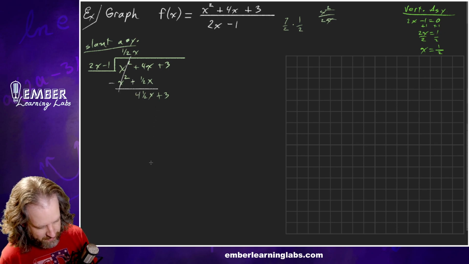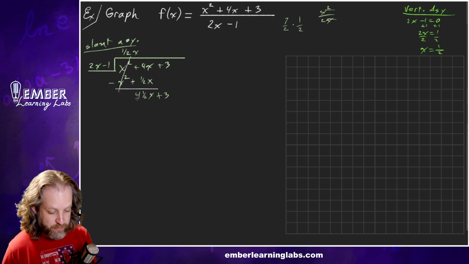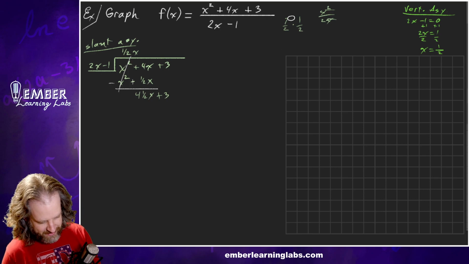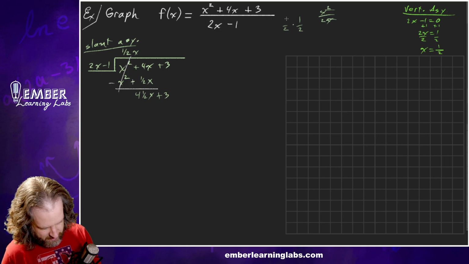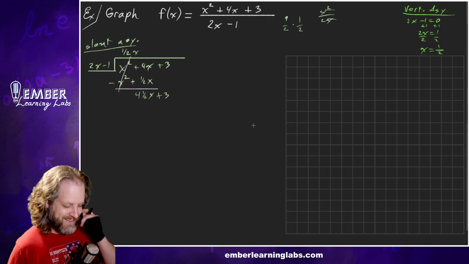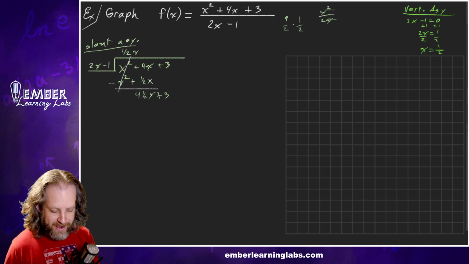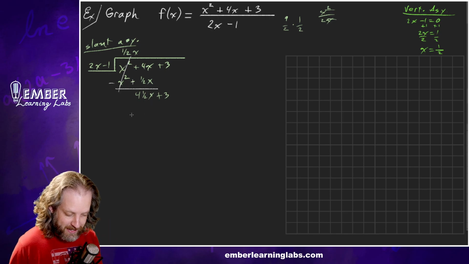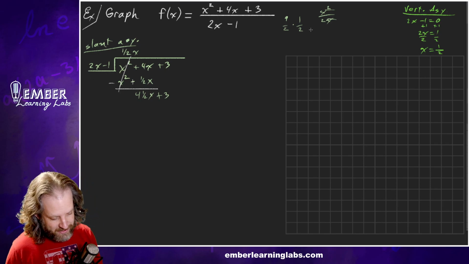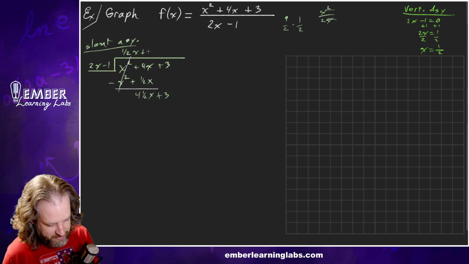So 4.5, which would be 9/2, right? 9/2. So 4.5 divided by 2, so 9/4, right? So plus 9 fourths.